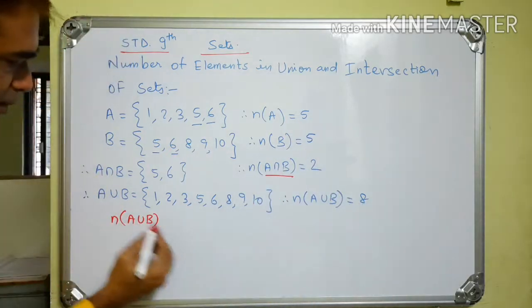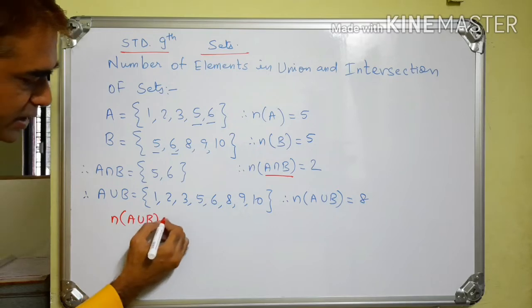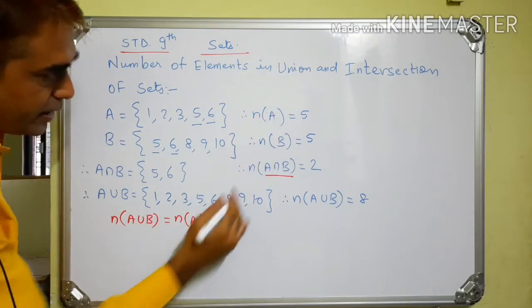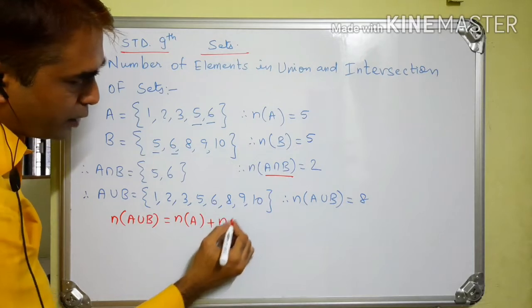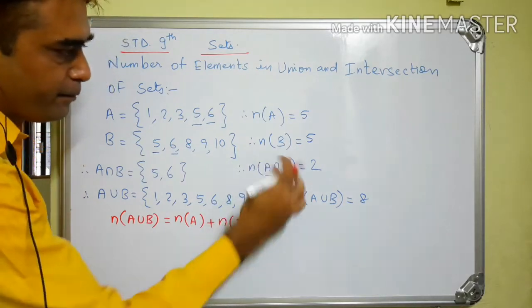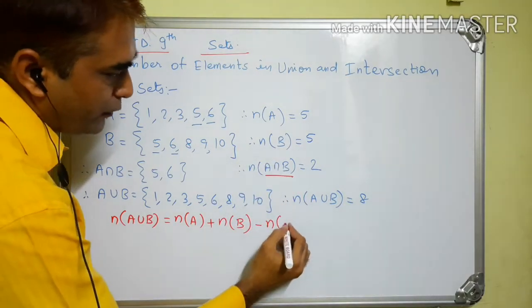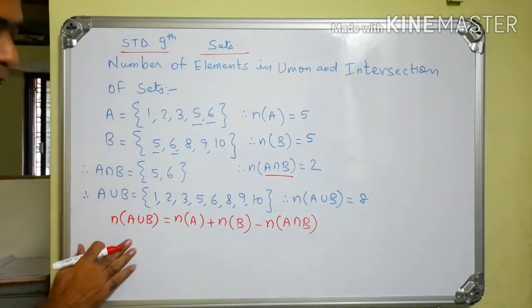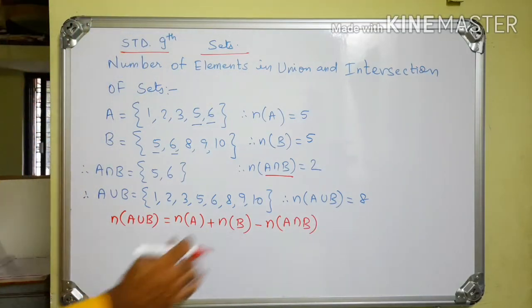So the formula will be: n(A union B) equals n(A) plus n(B) minus n(A intersection B). This is the formula.